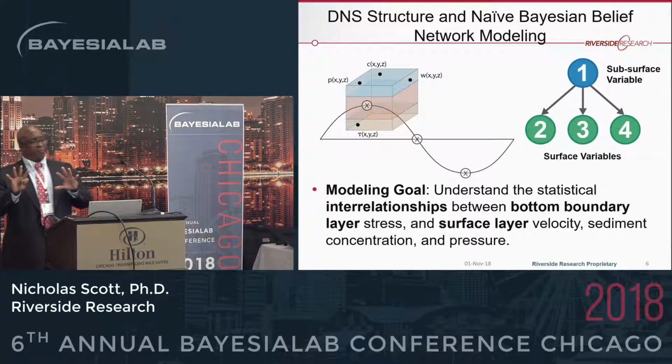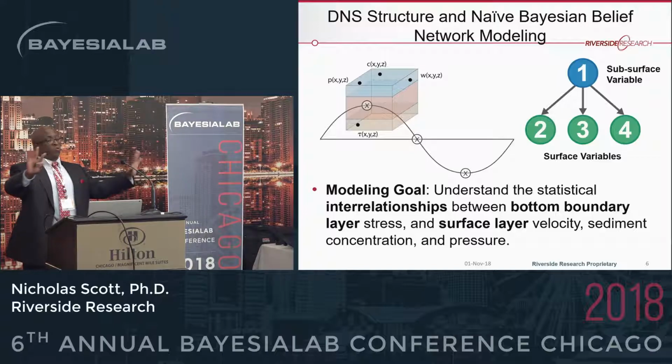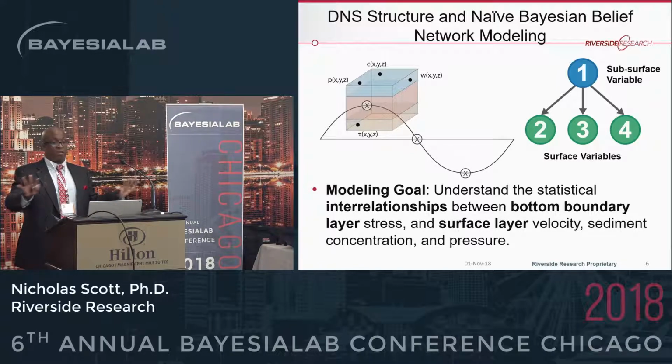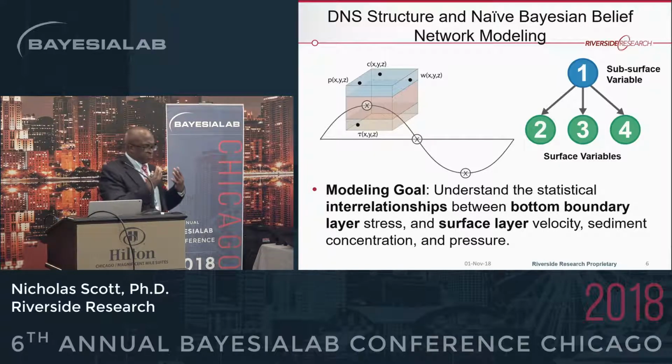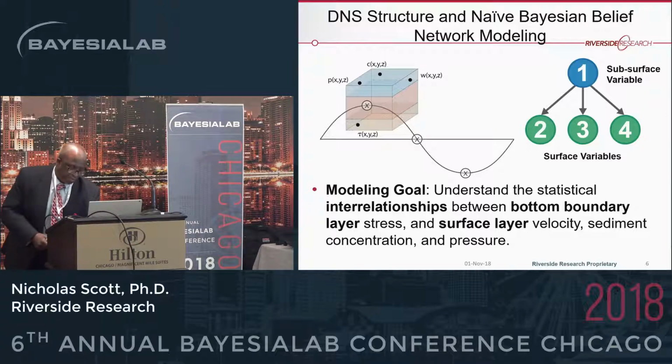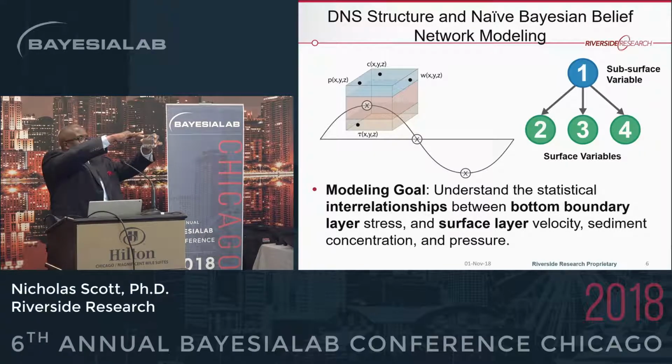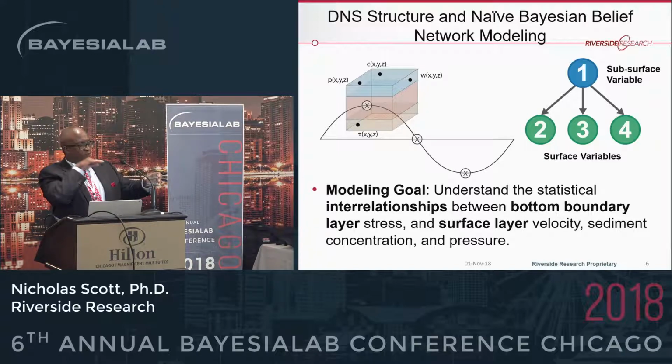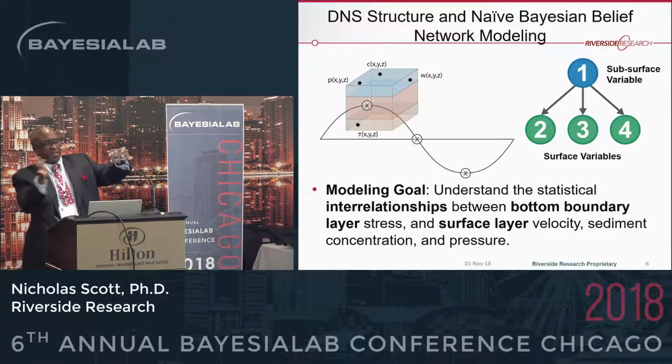Again, the model that I'm using is by no means close to the complicated models that people have already shown. It's a naive Bayesian belief network. Again, we're starting simple, trying to show people how you should approach the problem, and then later on adding the complexities. We're dealing with pressure scales, concentration scales, vertical velocity scales at the surface, stress at the bottom, and then a sinusoidal pressure gradient or stress that's stressing the water.